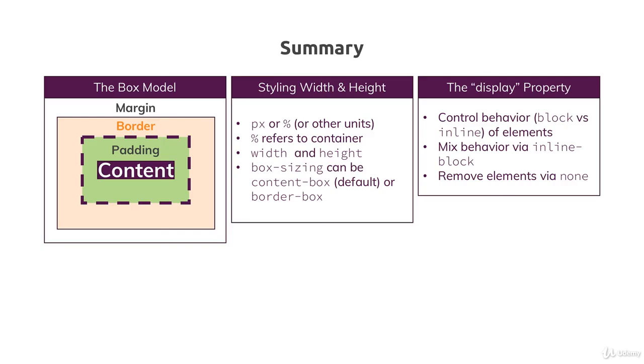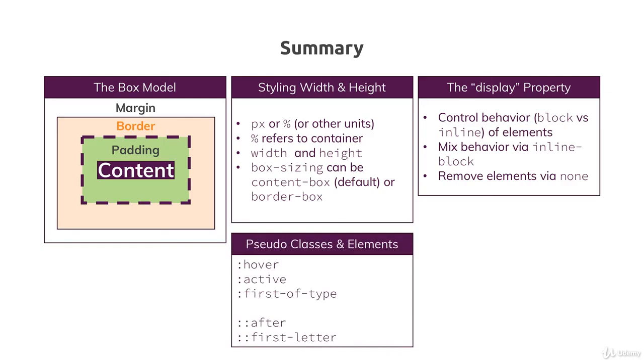And finally, we also covered pseudo classes and elements. Another core feature, with pseudo classes, you can style different states of elements or target different types of elements, like the first list item in a list of list items.